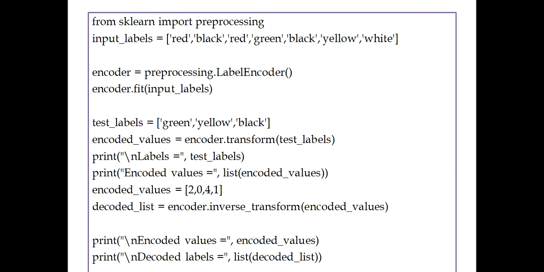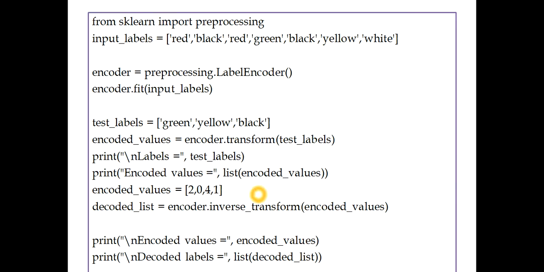Now encoded values 2, 0, 4, 1. Just to check, decoded_list equals encoder.inverse_transform. You know inverse, I'm now putting in the values and I want their labels, so let's perform the inverse transformation: decoded_list equals encoder.inverse_transform(encoded_values).